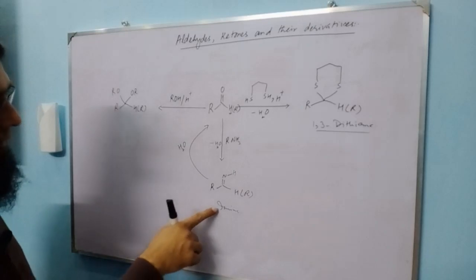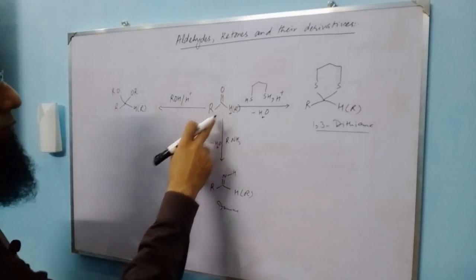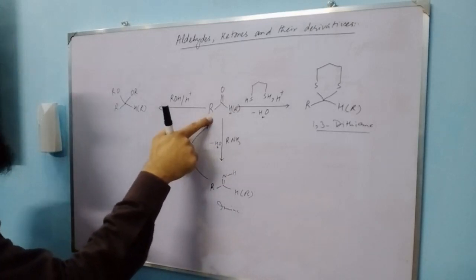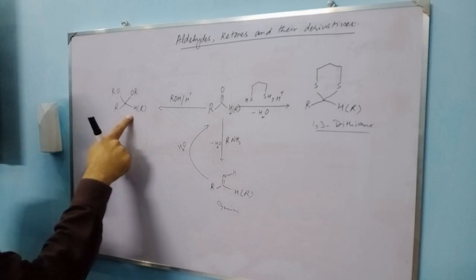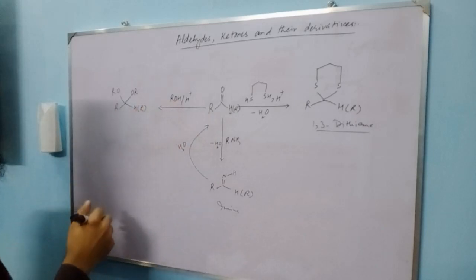And if imine is hydrolyzed, generally it is acidic hydrolysis, the carbonyl compound is obtained, and then aldehyde or ketone can be converted into the corresponding acetal or ketal using alcohols. These can be cyclic or acyclic.